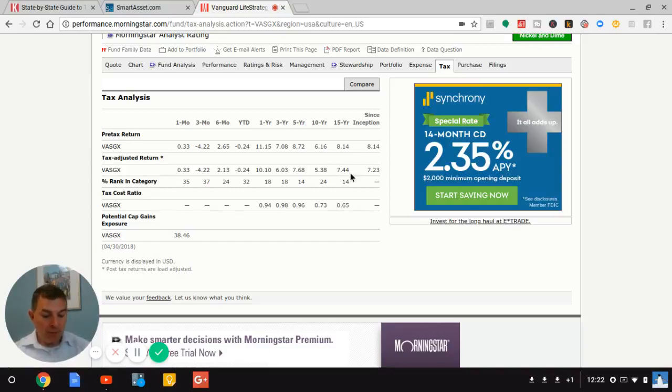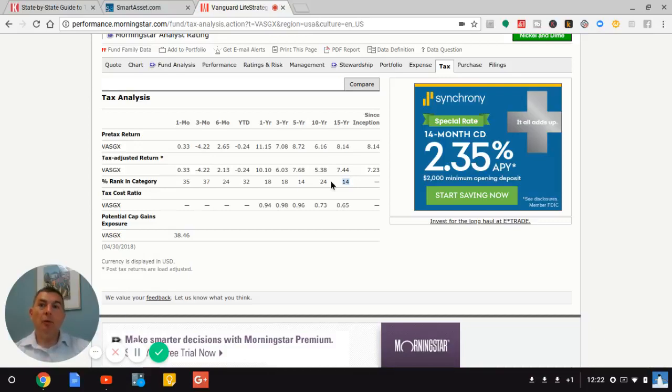Divided by 8.14, that means we've lost almost a full percentage point in taxes, my friends. Even with almost losing a full percentage point, we are still in the 14% category in terms of tax effectiveness.